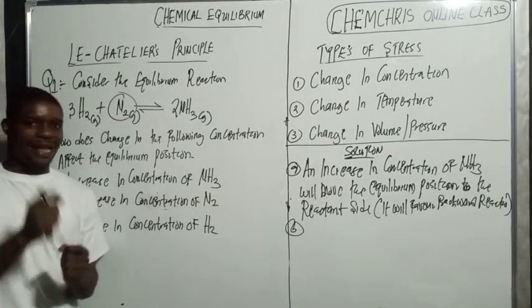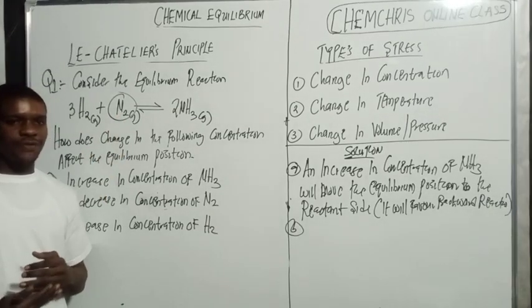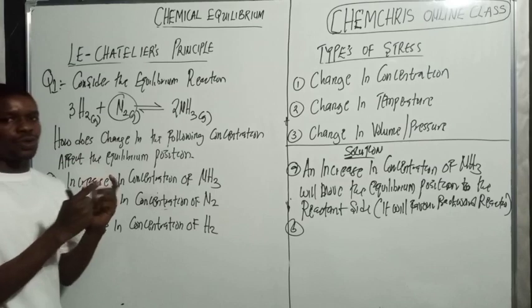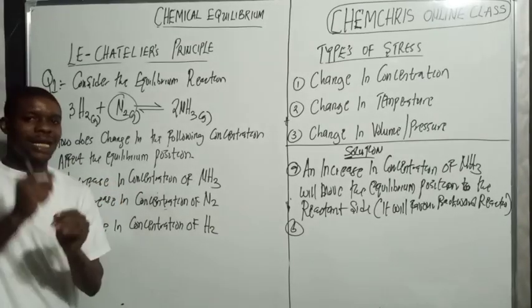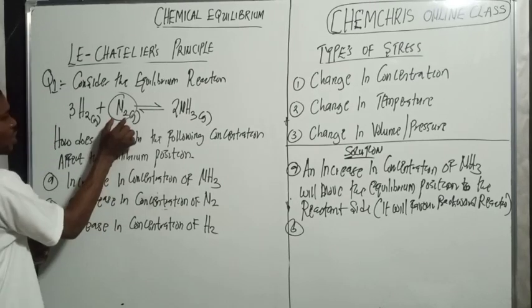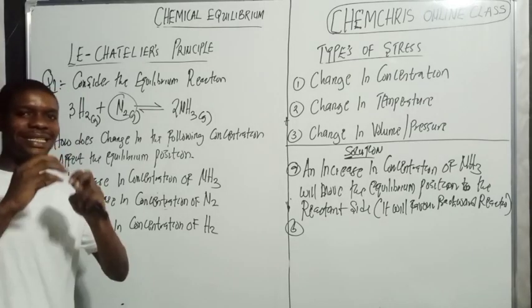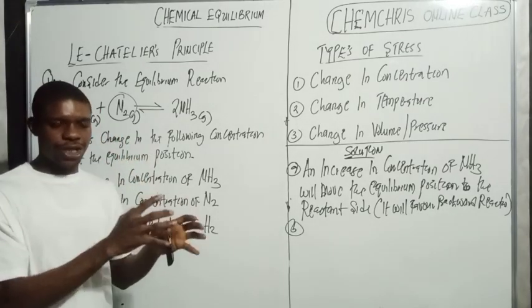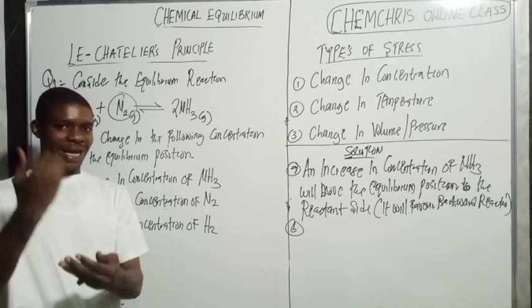Now when you decrease N2, what will the reaction shift to? Remember N2 is part of the reactant, so we are talking about the reactant side. You are picking one of the reactants. Remember I told you that a decrease in concentration of the reactant will cause the reaction to move to the reactant side.